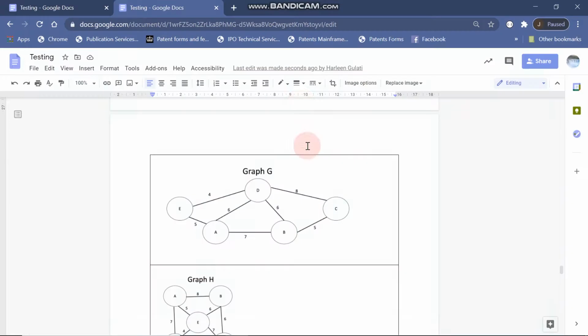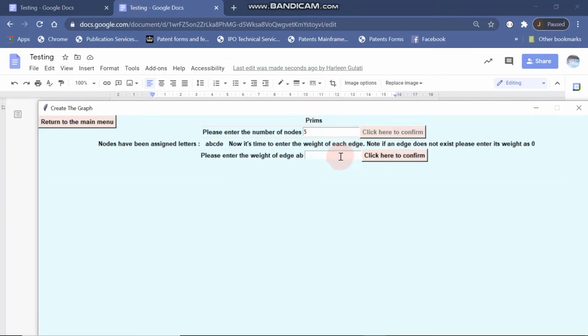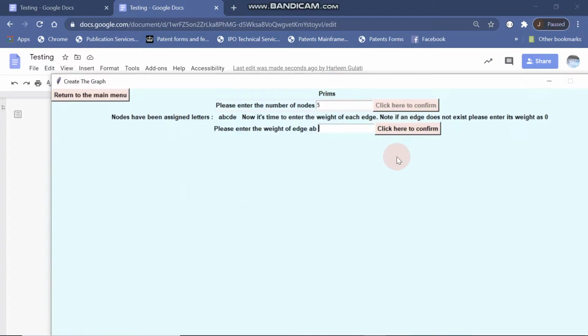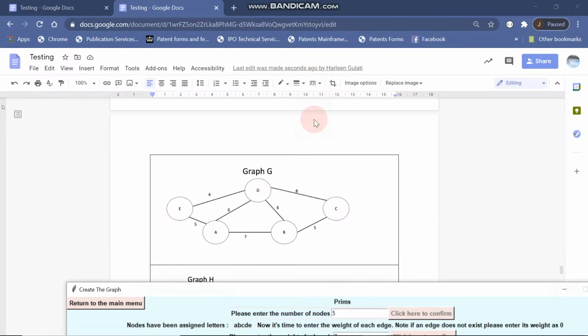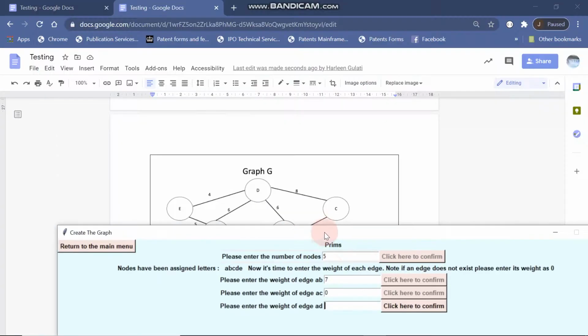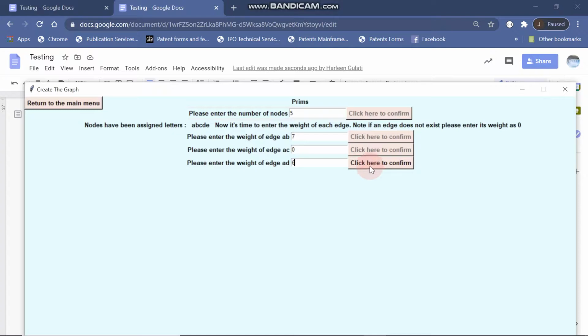So Prim's, so we have 5 nodes, and edge AB has a weight of 7, edge AC has a weight of 0 because there is no direct edge, edge AD has a weight of 6, and edge AE has a weight of 5.